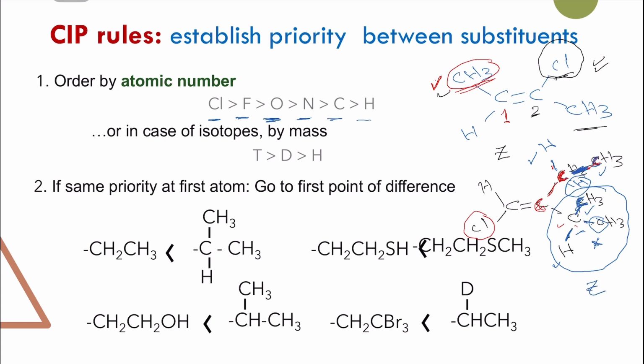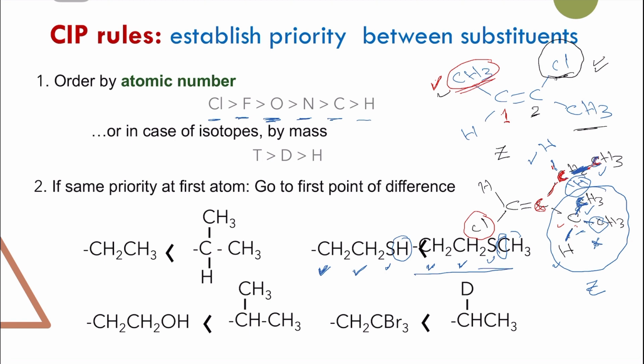Okay, so another example, if I have something like CH2, CH2, SH, and the other one CH2, CH2, S, CH3. The first point of contact is CH2, the other one is CH2, the second one CH2, the third one CH2, the following one is sulfur, and this is sulfur, but now this sulfur is attached to hydrogen, but this sulfur is attached to a carbon.